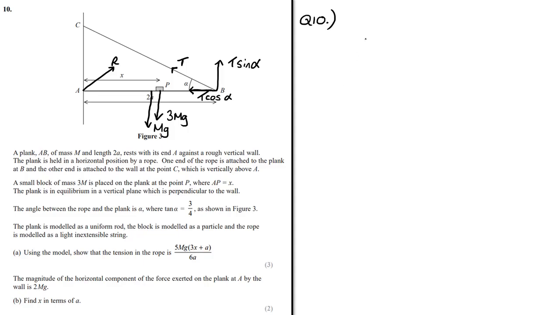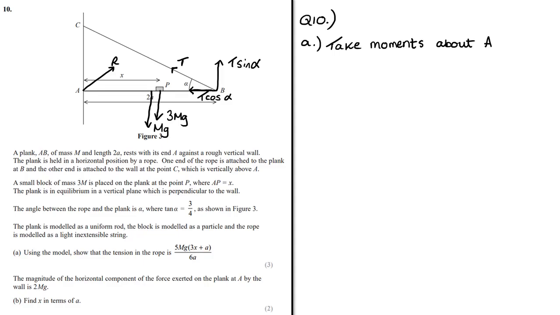So in that case, for part A, we take moments about A. If we take moments about A, we also need to define a sense of which direction will be positive.